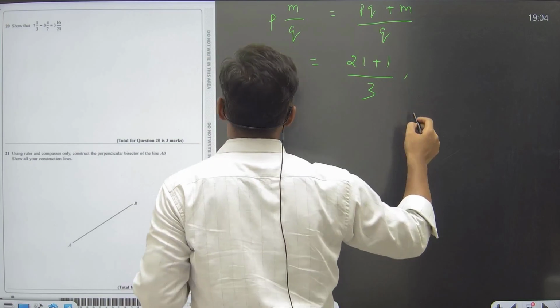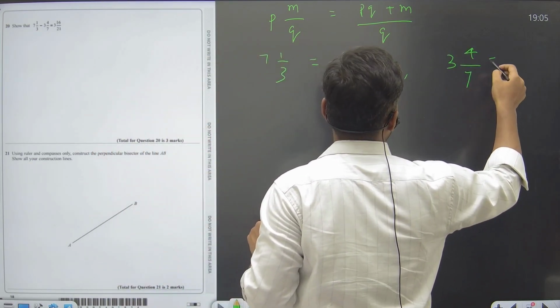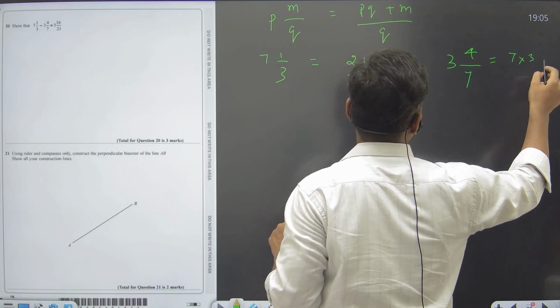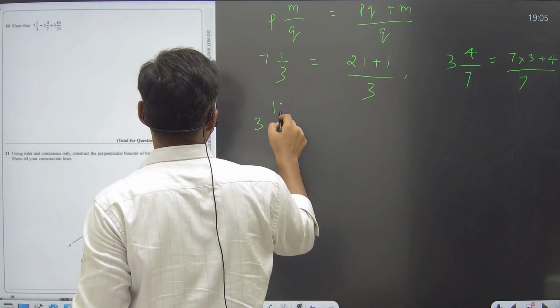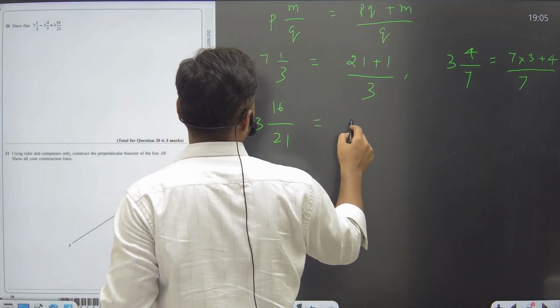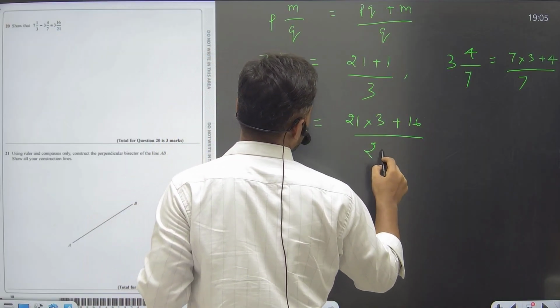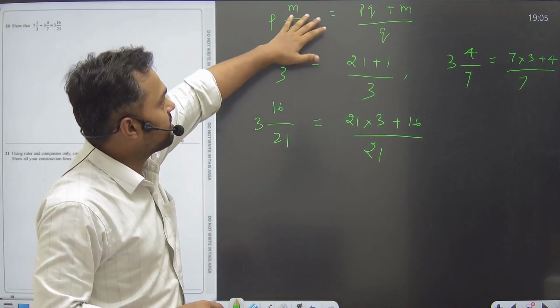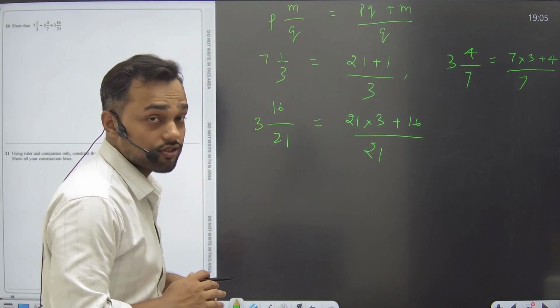Now similarly, 3 whole 4 by 7 means 7 cross 3 plus 4 by 7. 3 whole 16 by 21 will be 21 cross 3 plus 16 by 21. This is the way to memorize this part, that the mixed fraction is transformed into this fraction.